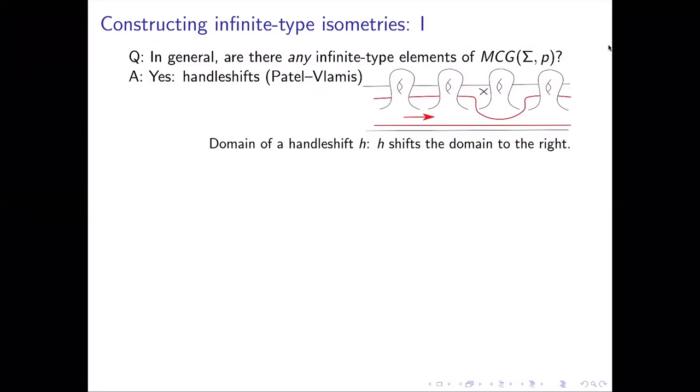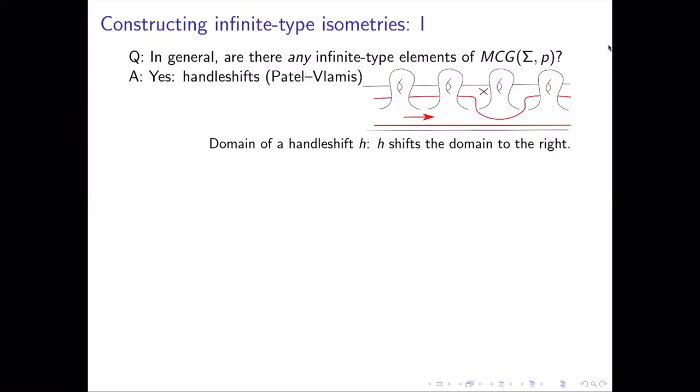Now there's some technicalities here, really. It shifts the domain to the right, and outside of the domain, it's the identity. Really, what you do is thicken the boundary of the domain and taper it from a shift to the identity. And if you notice the puncture I've drawn on this surface, this X back here is not contained in the domain of the handle shift. So this handle shift does in fact fix the puncture.